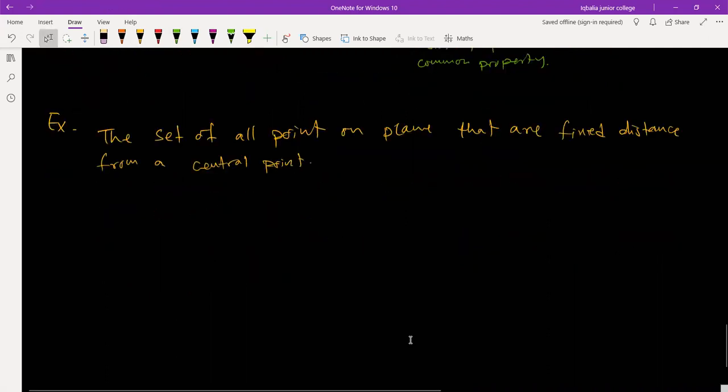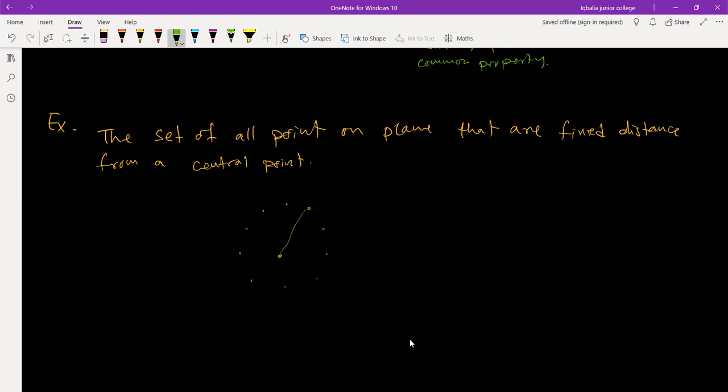Okay. So here the statement is telling us the set of all points on a plane that are a fixed distance. Suppose I have a central point. See, this is a central point, and from this central point all the points are set at a fixed distance. Suppose I have a point here, here, here, here, here. So see, all these points are at a fixed distance from the central point.